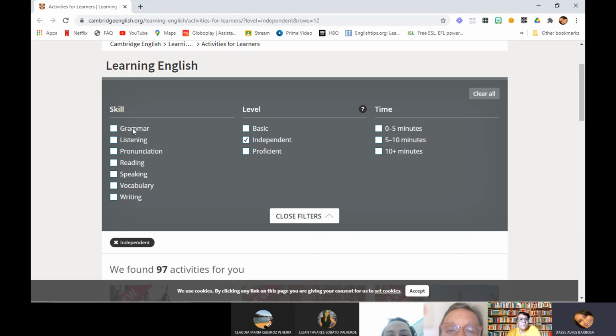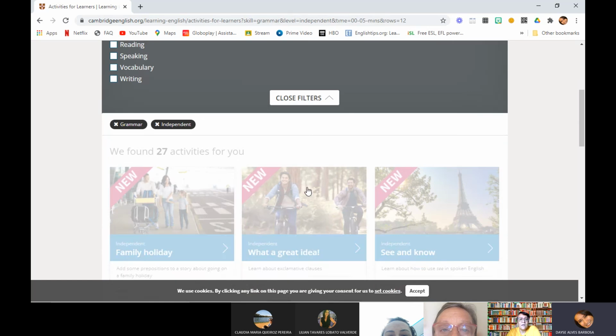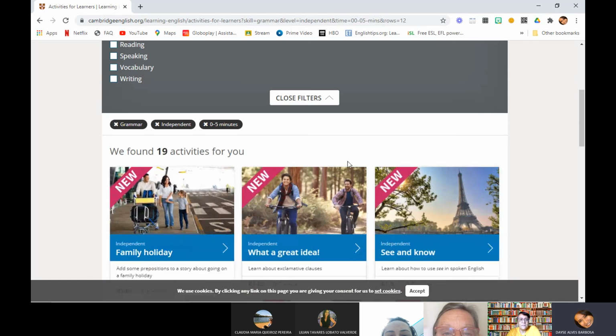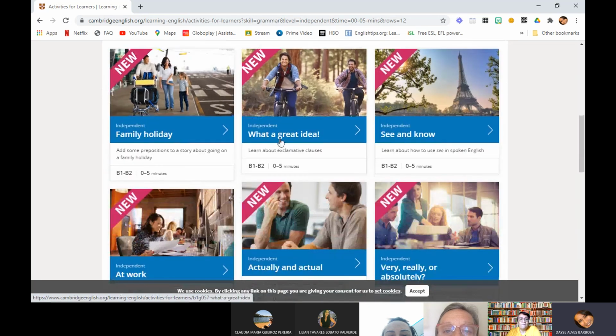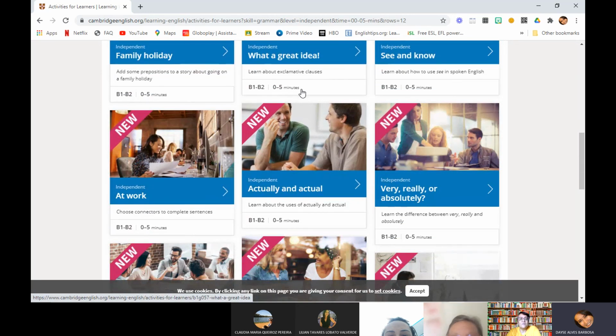I have 5 minutes, so I want grammar questions that last no more than 5 minutes, and then you will be directed to other pages you see here, B1, B2, where you have exercises. They're very specific here.